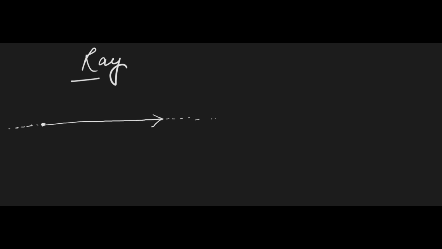The basic example I would like to give you is the sun. All the rays come out from the sun. So this is the best example. The sun is your origin, and the rays come out from the origin.